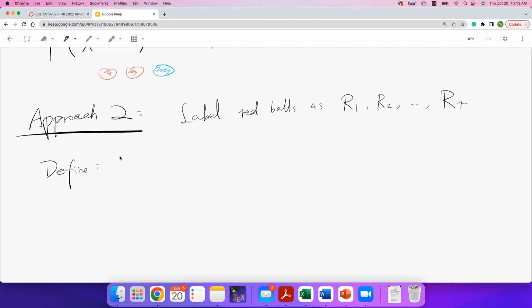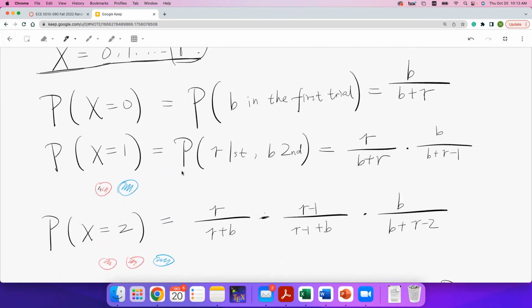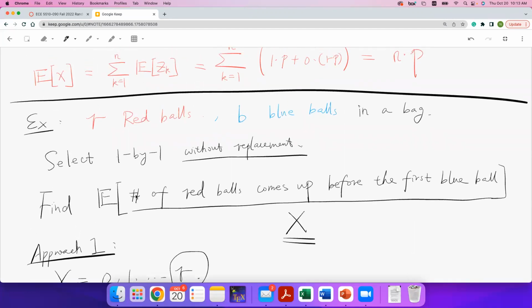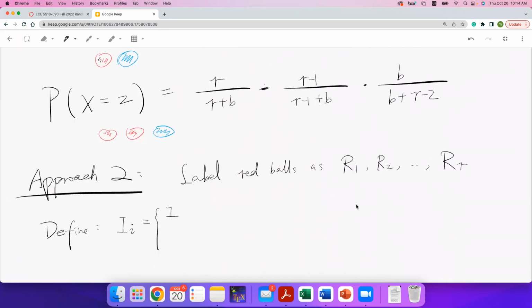And I can define this indicator. If you look at the problem statement, we need to look at the number of red balls coming up before the first blue ball. So I can put a label on each red ball and assign that red ball a corresponding indicator. Okay. If that corresponding red ball coming up is selected before the first blue ball, then that indicator is set to 1.